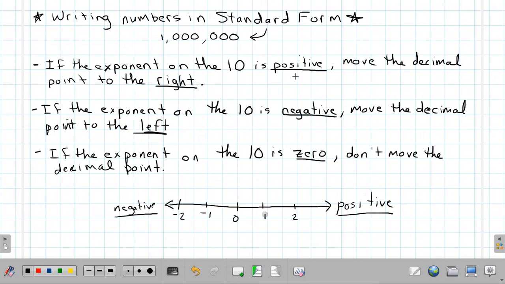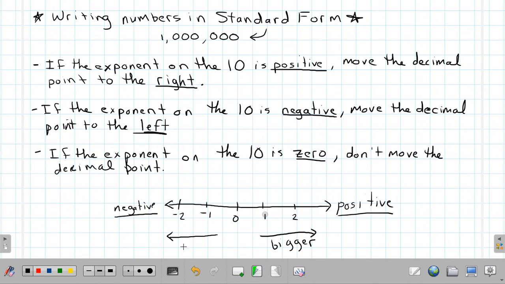Another way to think about it is if you have a positive exponent, it's going to make a bigger number. Bigger numbers are to the right, whereas smaller numbers, if you get more and more negative, that means the number is getting smaller and smaller. Those are to the left.